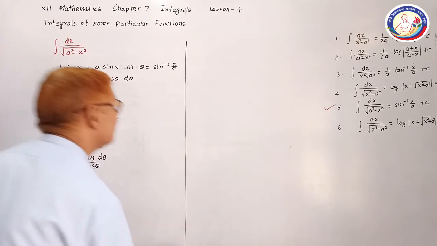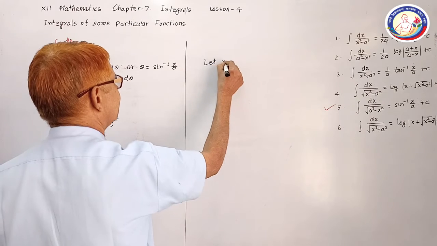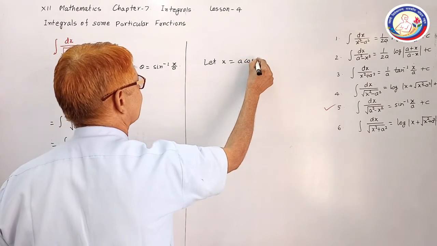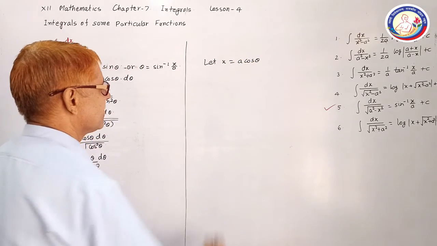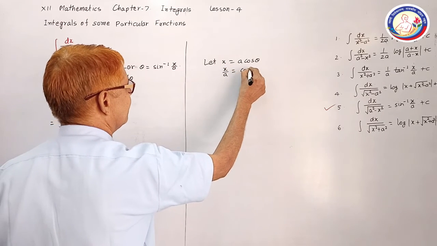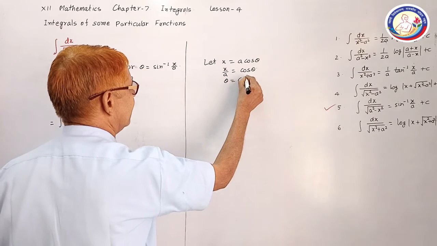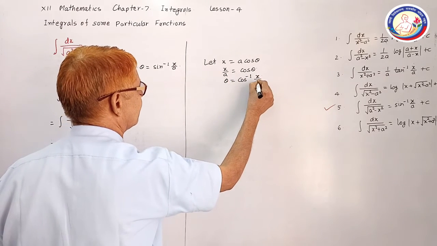Now second way, let x equal to a cos theta. Then x by a will be cos theta and theta will be cos inverse x by a.